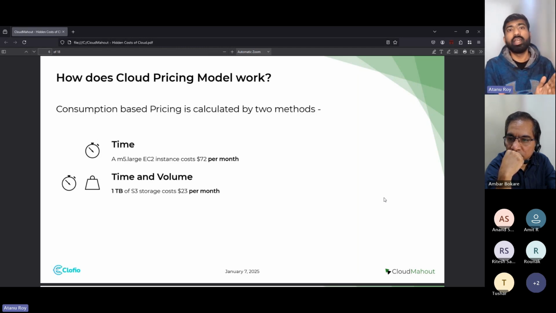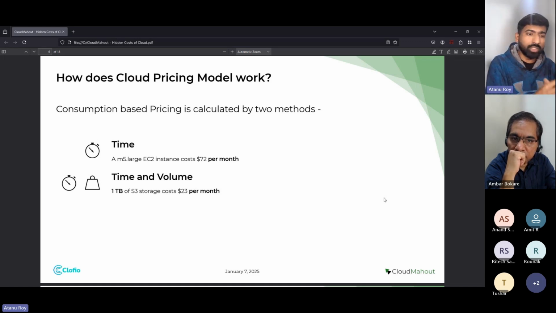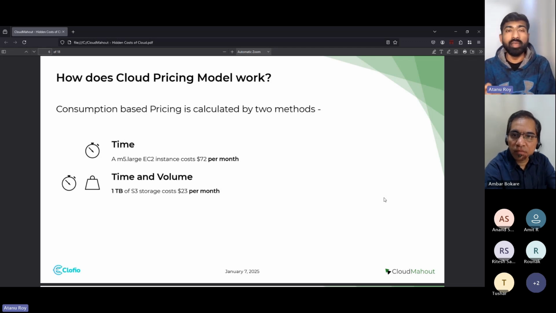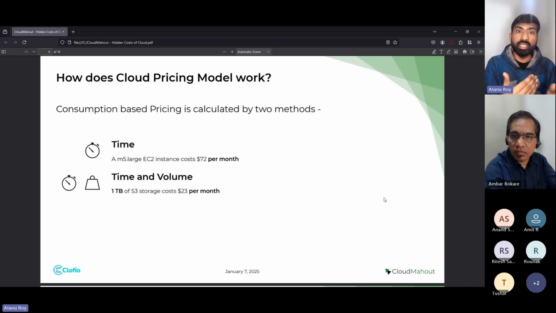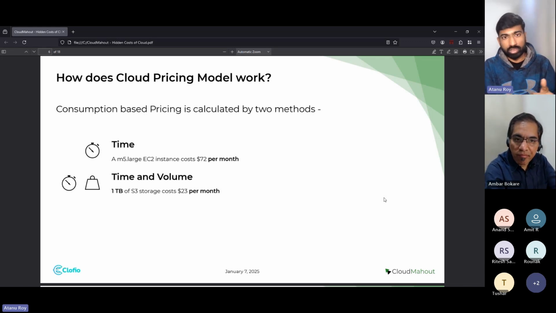They are not compute costs, they are not storage costs, they are the other kinds of costs which the cloud platform charges you. Typically this depends on multiple factors: as your usage keeps growing, these costs will also keep growing, and other design decisions can also impact them. That's why we call them hidden costs, because when you are estimating your infrastructure cost, they might not be so relevant or clear to you. But as you keep provisioning and using your cloud platform, these costs start showing up inside your bill.